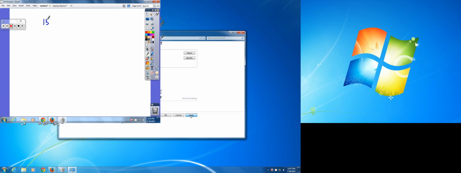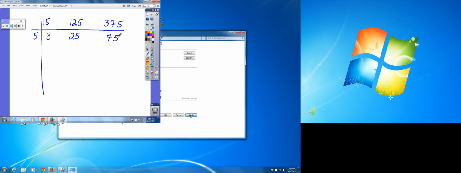And the first thing you're going to do is divide by what? 5, because you're not even thinking. They all end in 5. So that'd be a 3, a 25, and a 75.